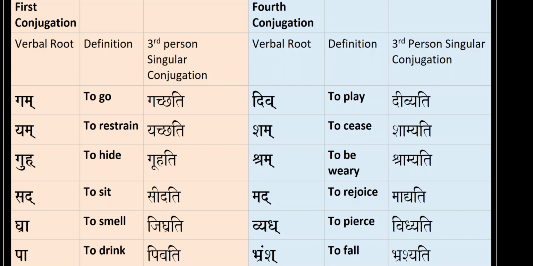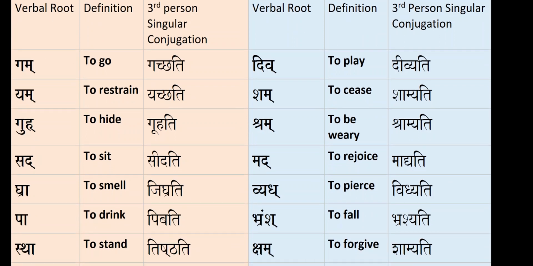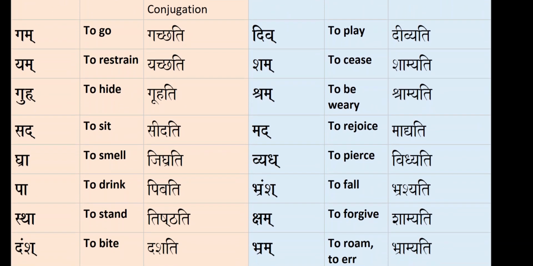So we have the verbal root gam. It means to go. By the time you conjugate it into third person singular, that's gachati. He, she, or it goes. Then you have yam, to restrain.